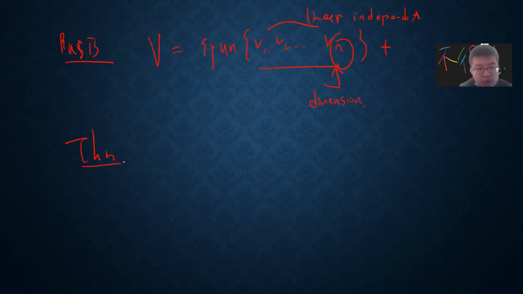There's also a theorem in linear algebra that I will not prove because I already proved it, and you can go to my video list. Basically, if your vector space V has dimension n, then V is isomorphic to the field to the n.